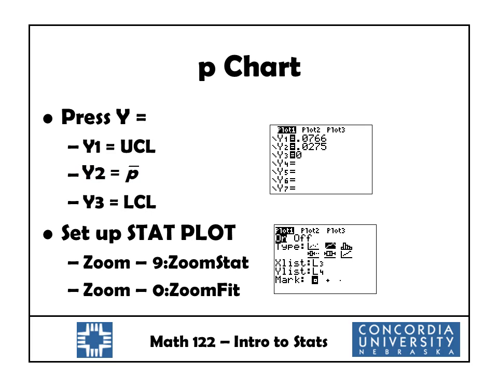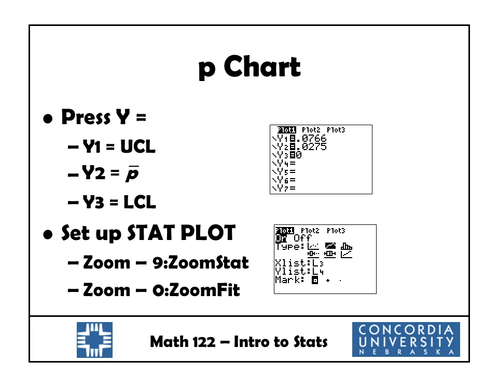Next, we're going to set up our graph of the upper and lower control limits and then the center line. So you press the Y= button, which is in the upper left-hand corner of the calculator. At Y1 you enter the upper control limit, which is 0.0766. At Y2 we're going to enter P bar, which is 0.0275, and then at Y3 we enter our lower control limit, which is 0. After you've done that, you set up your statistical plot.